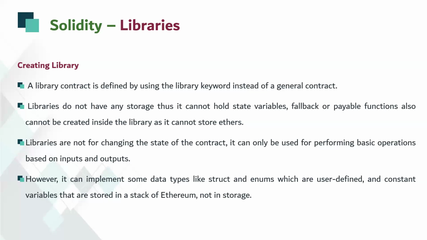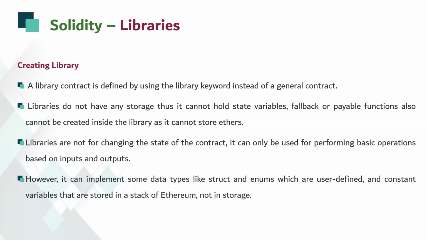Also, basic operations. Libraries are typically used for performing basic operations based on inputs and outputs, okay? They can implement functions that perform calculations or utility operations, but they cannot modify the state of the contract calling them directly.